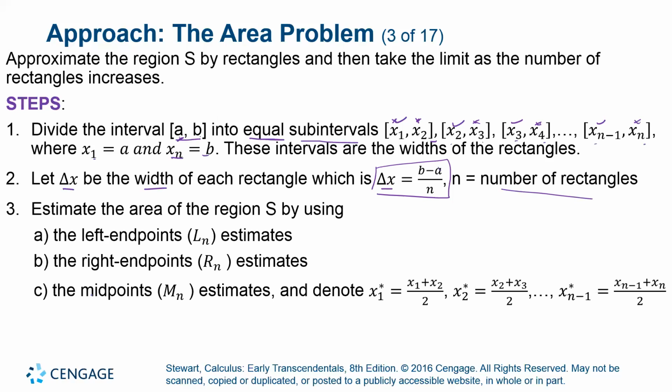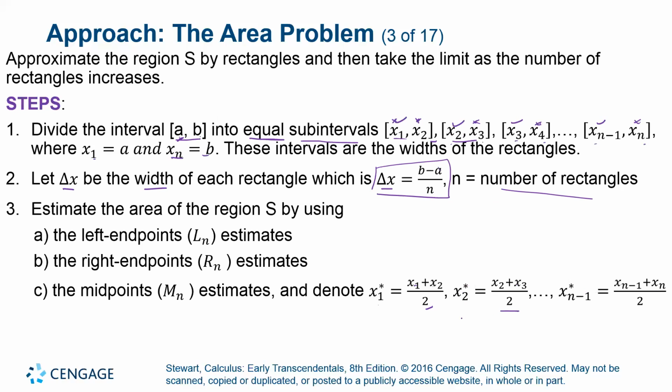And if you are using the midpoints, we denote it by x star 1, which takes the first subinterval, x1 and x2, and finds the average, basically the middle, which is x1 plus x2 divided by 2. And then for the second subinterval, we denote x star 2, which is the sum of the interval endpoints divided by 2. So find the averages of them, and this goes all the way to the end.